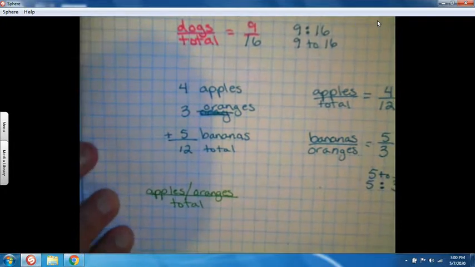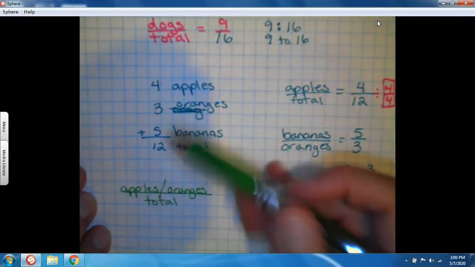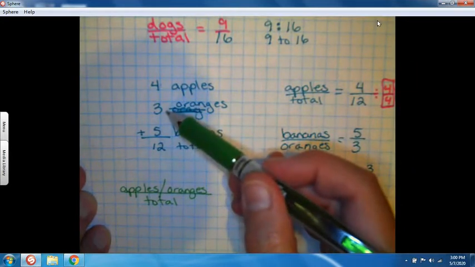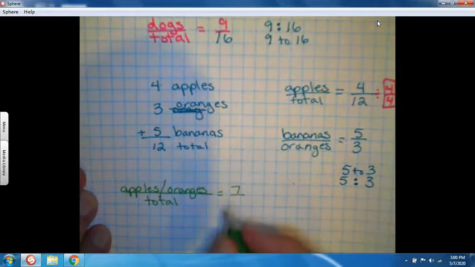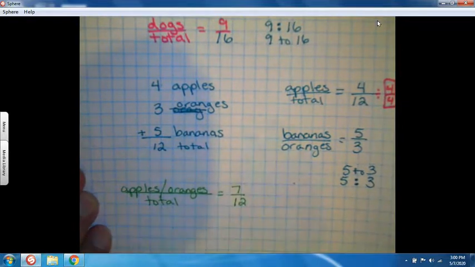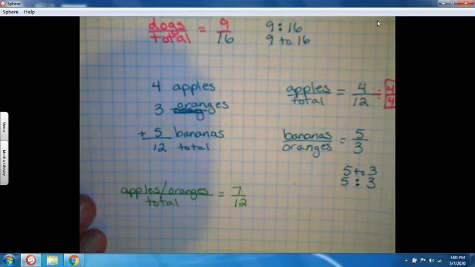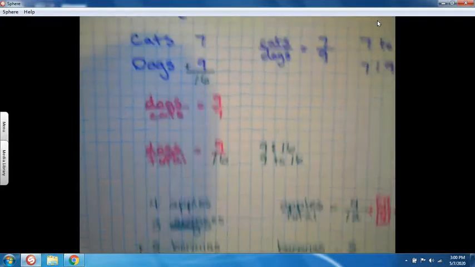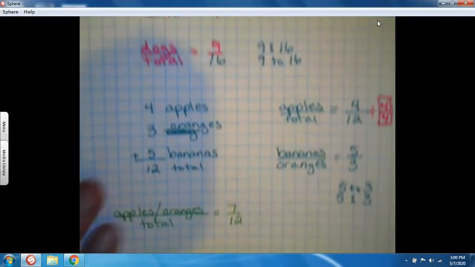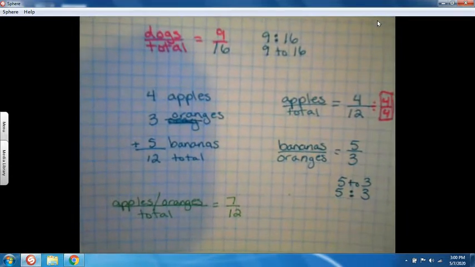So how many apples do I have? 4. How many oranges do I have? 3. Add them up. 7 over 12, because 12 is my total. So sometimes you can compare more than just 2 things. Up here, we're just doing cats and dogs. Here, we're doing different kinds of fruit, apples, oranges, and bananas. So it's all the same. It's not difficult.